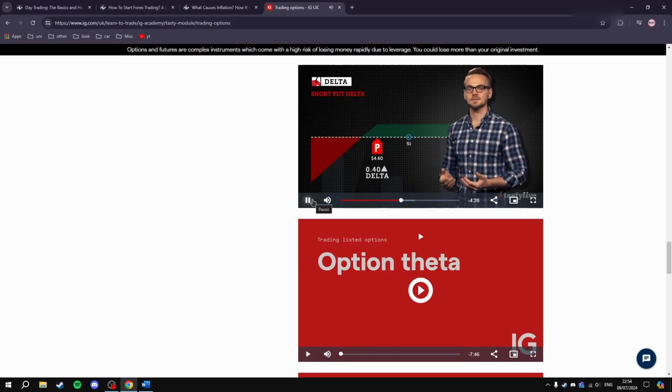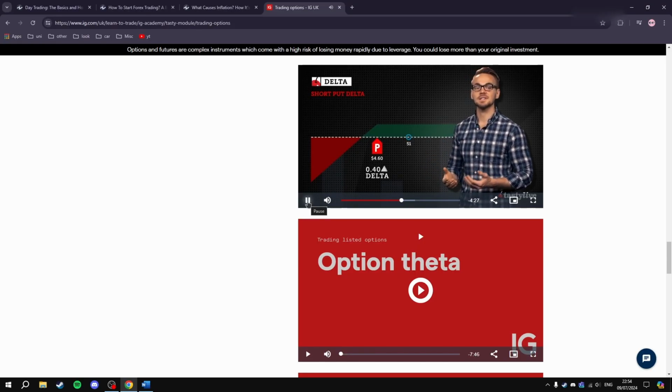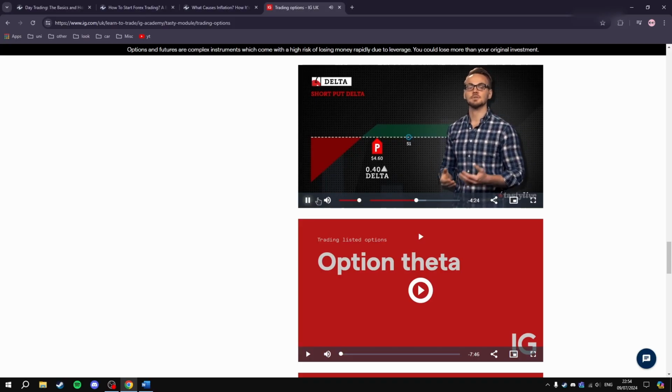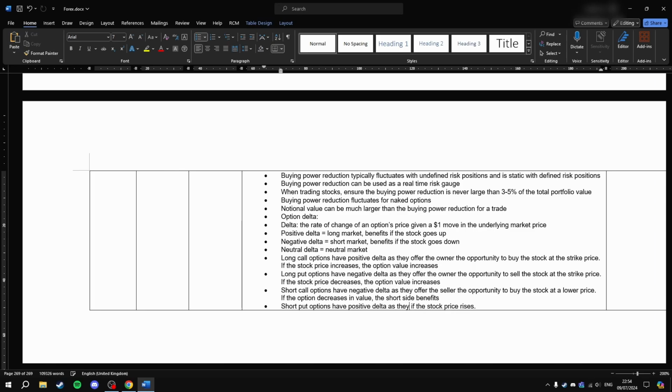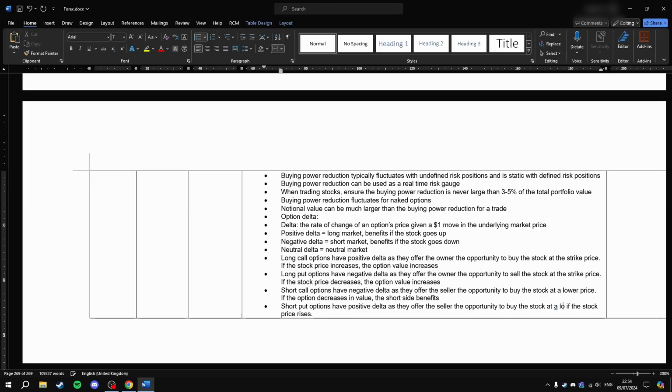We can then buy it back for a lower amount and secure a profit.